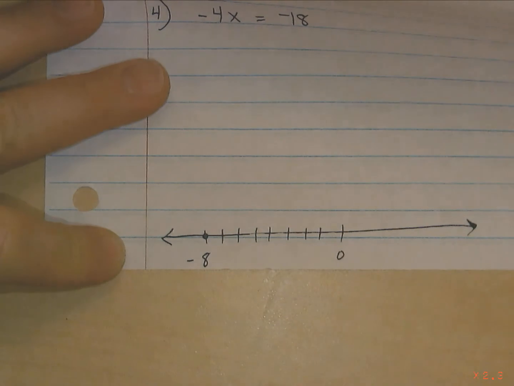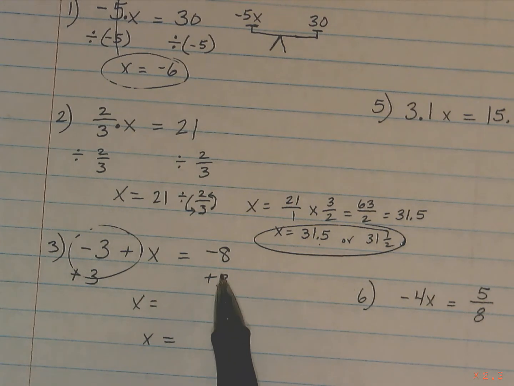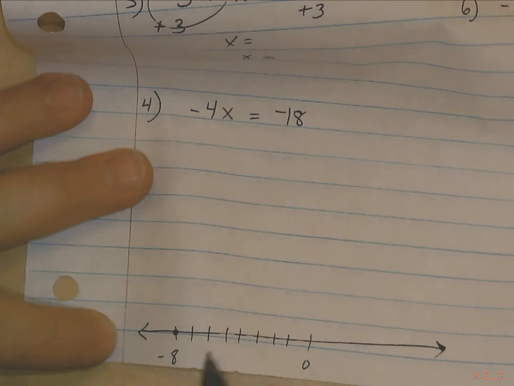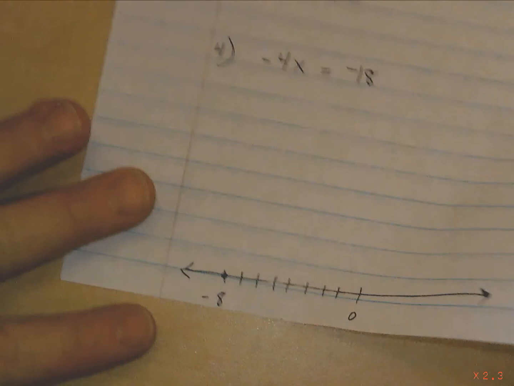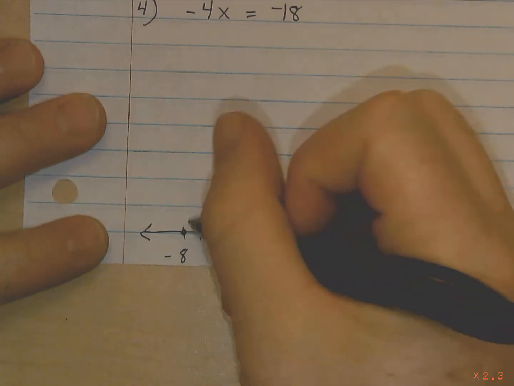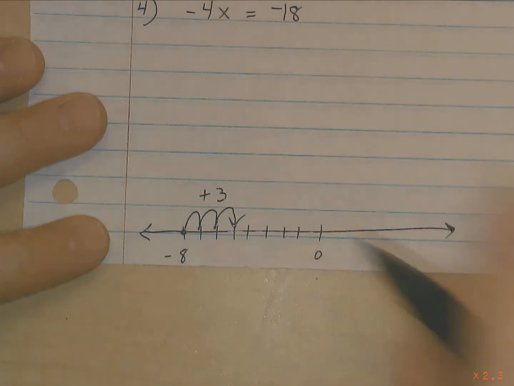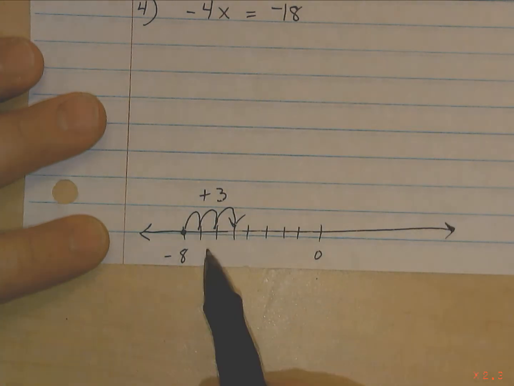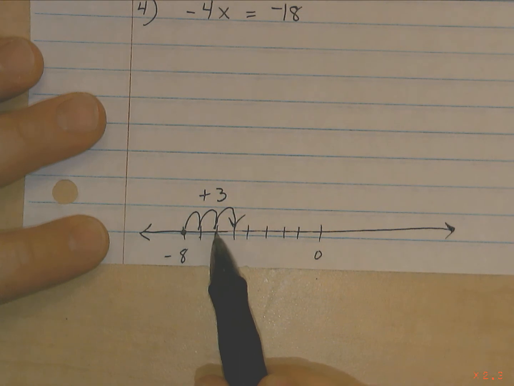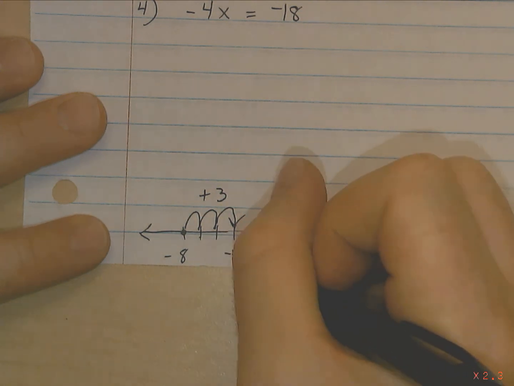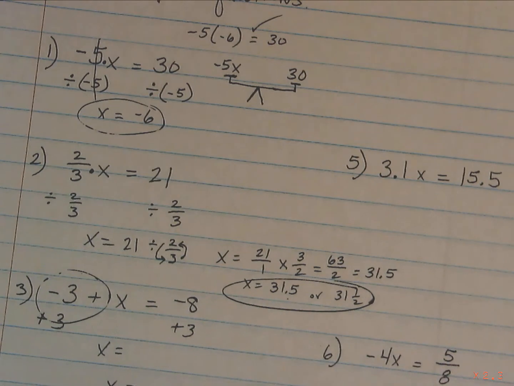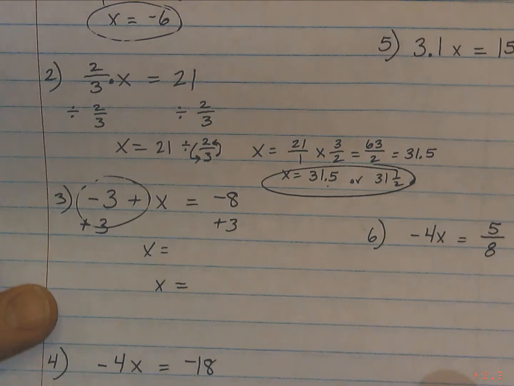So if you're adding 3, we're at negative 8, and we have to add 3. You go to the right 3 places. 1, 2, 3. Where do you end up? Negative 7, negative 6, negative 5. You end up at negative 5. And that's going to be your answer for x in this situation. So this is negative 5.